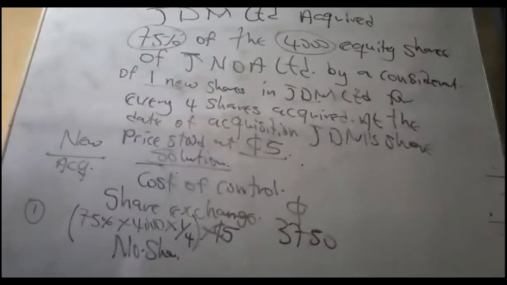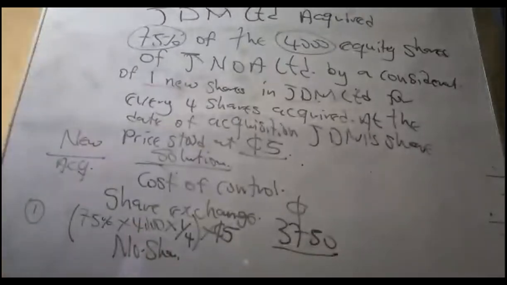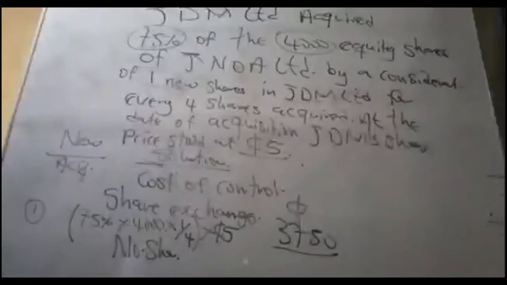When you go to the consolidated statement of financial position, you bring the share capital and add 3,750 to it. Why? Because right after the acquisition, JDM has issued shares which have not been recorded. Please, if it has been recorded, don't add it again, to avoid double counting. If they have not recorded it, record it. And I can assure you that in most share for share questions, we are not going to record it for you at all. You have to do it for us.